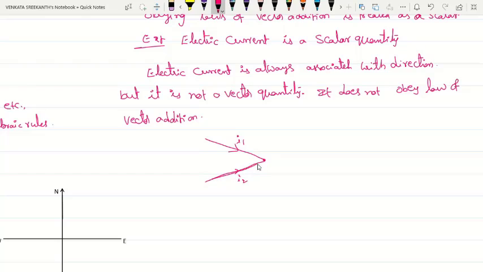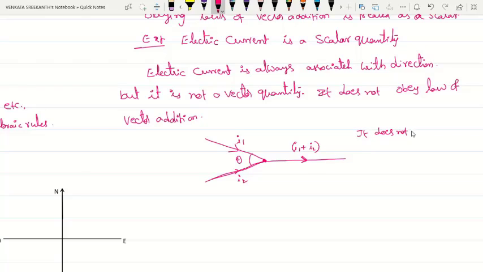Both are meeting at one junction point. From this junction, the resultant current is I1 plus I2. It is the sum of the currents I1 and I2, but it is independent of the angle theta. And one more point, it does not obey the triangle law of vector addition.